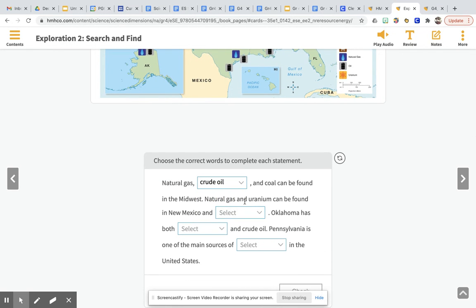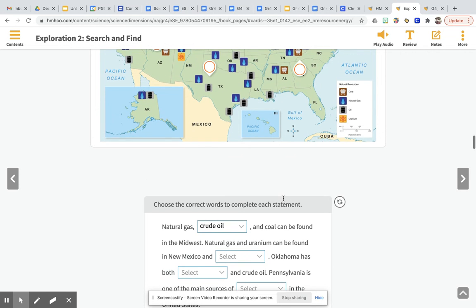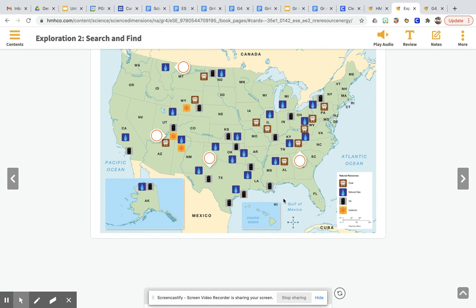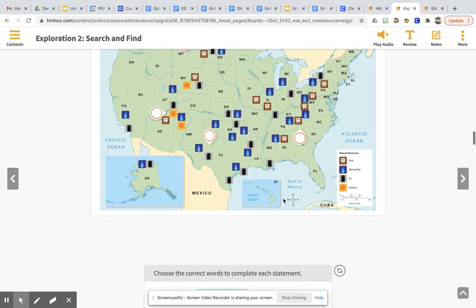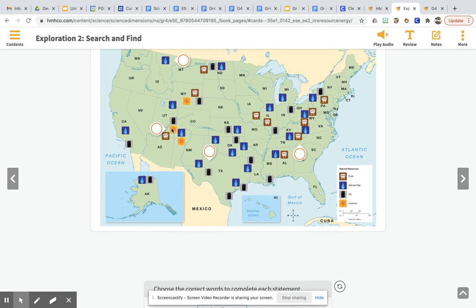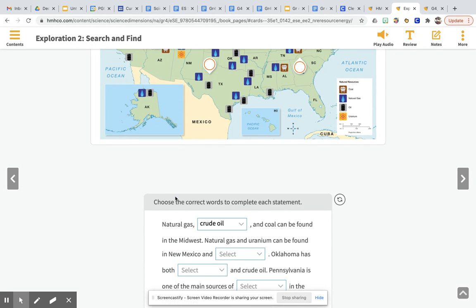It says natural gas and uranium can be found in New Mexico. And where else can natural gas and uranium be found? Let's look at our map again. Here it is. Natural gas and uranium. And our choices are Alaska, Montana, Wyoming. Remember, uranium is the yellow one you don't see a lot of. Alaska was one of our choices.